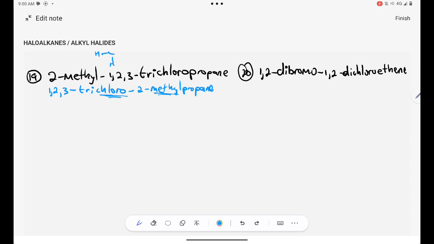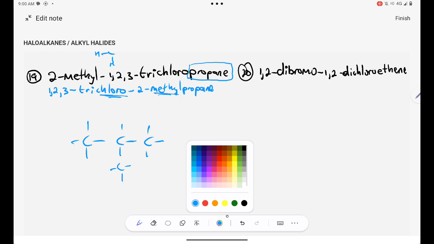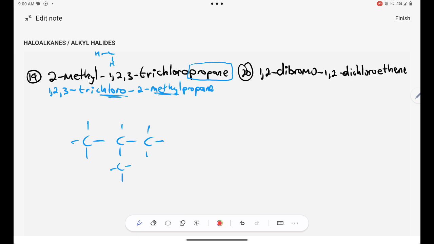Which is written in blue. And obviously the structure would simply be this. This over here will tell me about my parent chain. It has 3 carbons like this, and then at carbon number 2 I have my methyl, and then at carbon number 1, 2, and 3 I have my chlorines over there, the halogens.